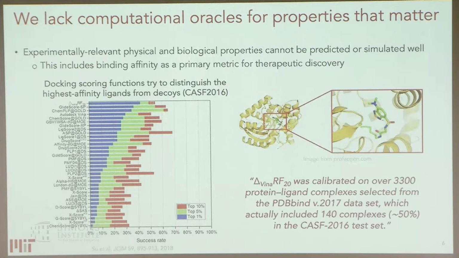But the data is not well separated or well controlled in these benchmarks. And so everyone is using this data set in a retrospective way. And if you actually look at the paper that reports these, they note that this particular best scoring function was trained on about half of the test set.